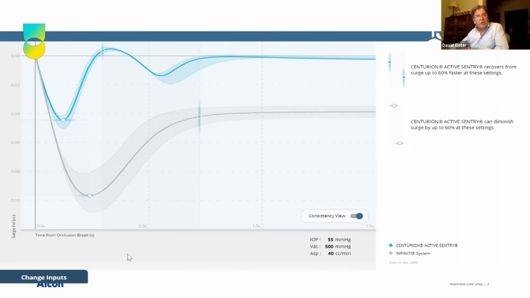The greater the surge, the greater the chamber instability would be. The longer the surge, the greater the fluid that leaves the eye, and again, greater instability. So we've been able with Active Sensory to not only reduce the peak of surge, but also decrease the time of surge. So both of those things combined really end up providing you a much more stable chamber during lens removal. Go ahead, next slide.